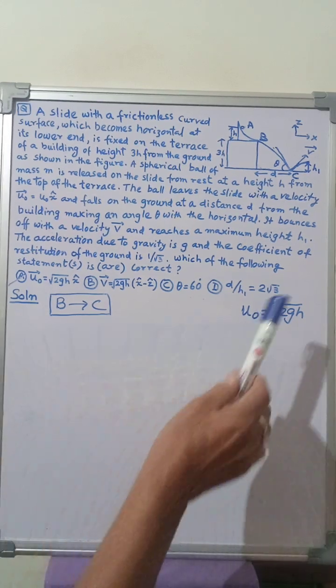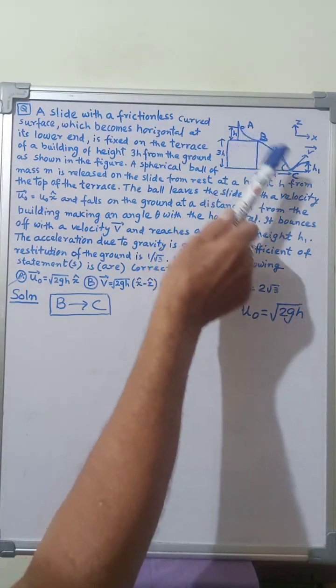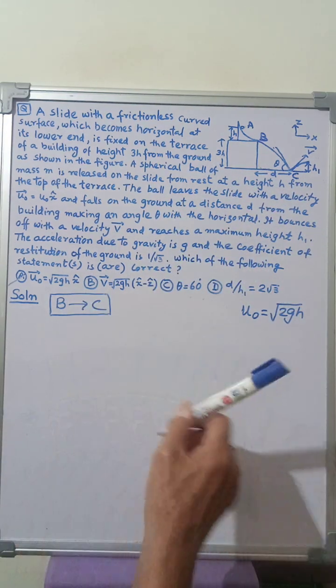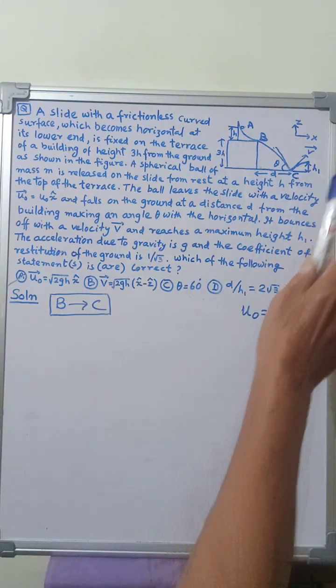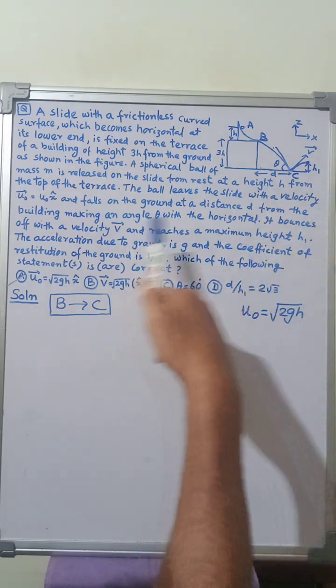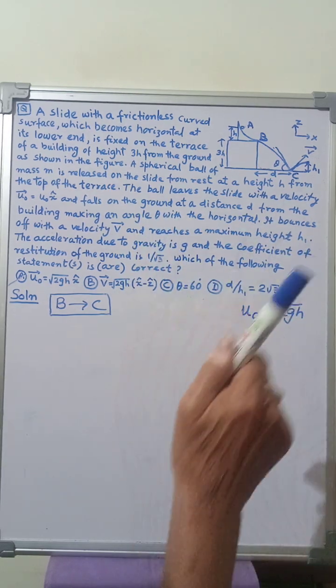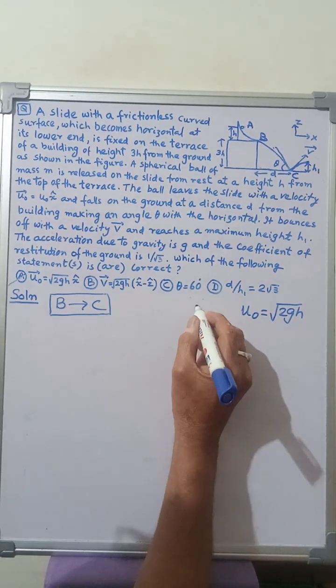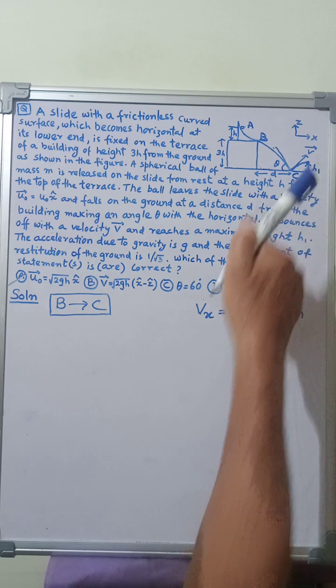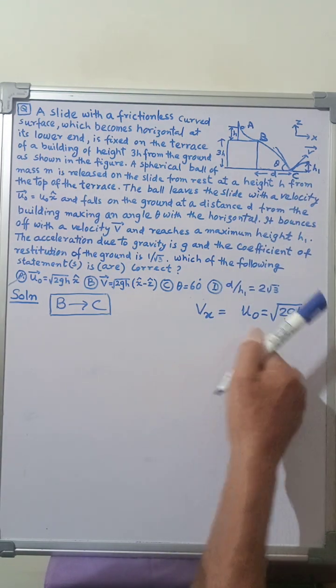Now let us consider motion of the ball from B to C. It's totally in the air. Therefore the horizontal velocity is constant. It's going to remain constant because there is no acceleration in the horizontal direction. Therefore we can write Vx, the x component, Vx = u0 = root over 2gh.